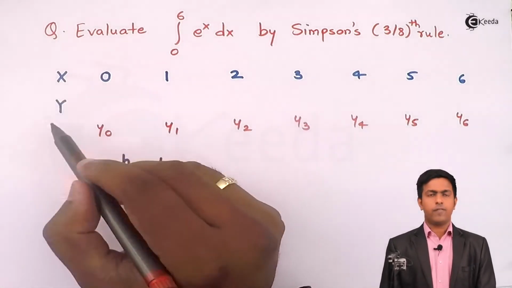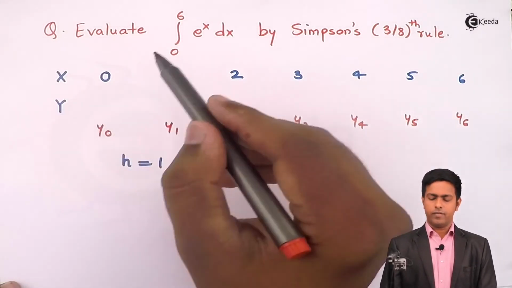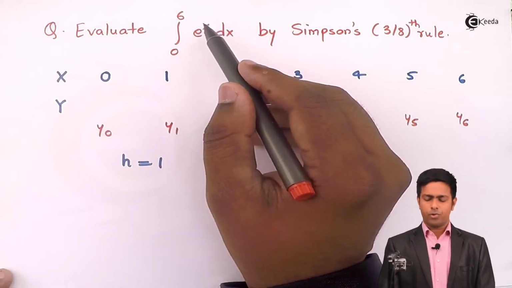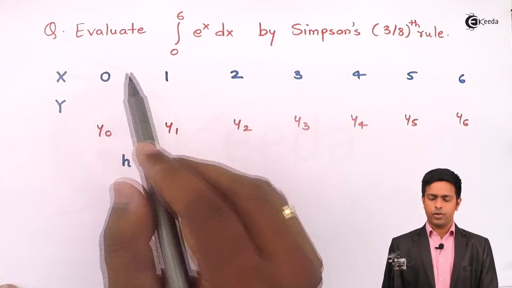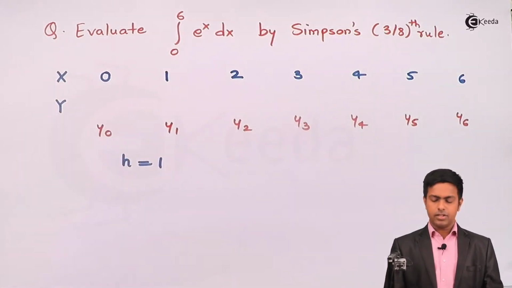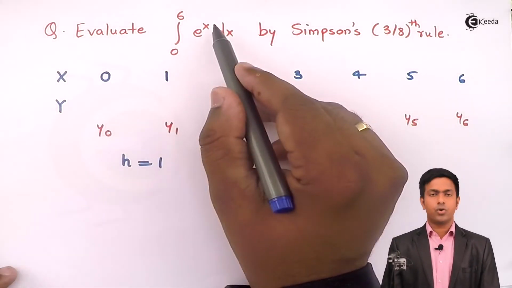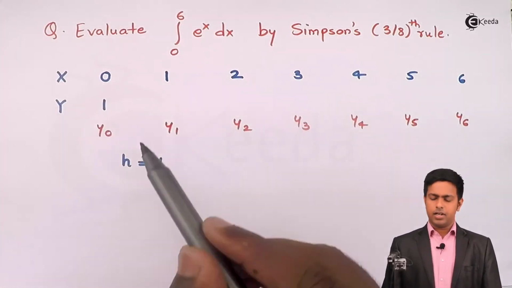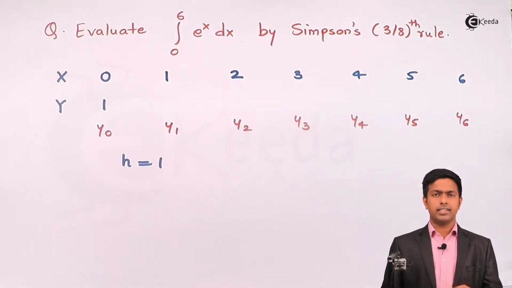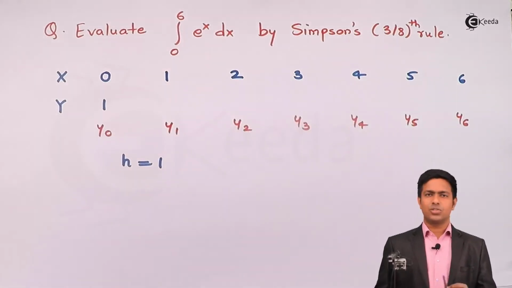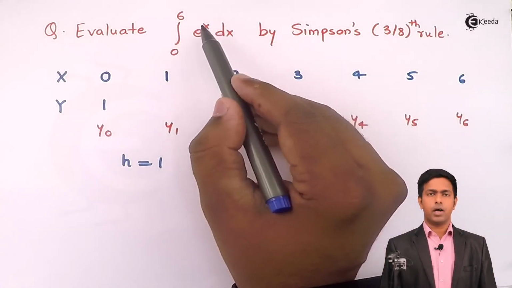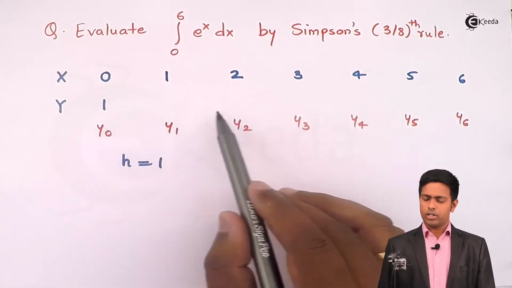Now we'll find out the value of y for each value of x. To get the value of y, the function here is e raised to x, so in this function we have to put the value of x. First of all we'll put x as 0. So e raised to 0 will be 1, so the value of y will be 1. Similarly we'll put the other values, and guys, I know you have a calculator, so just open your calculator and put these values of x in the power of e and get all the values.